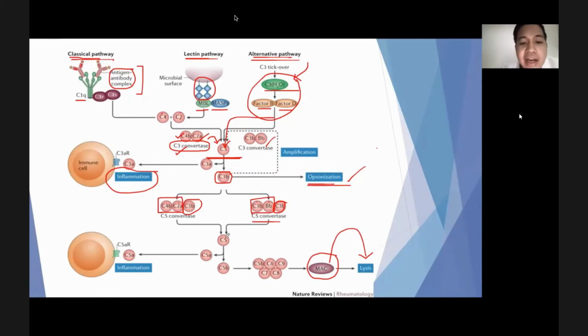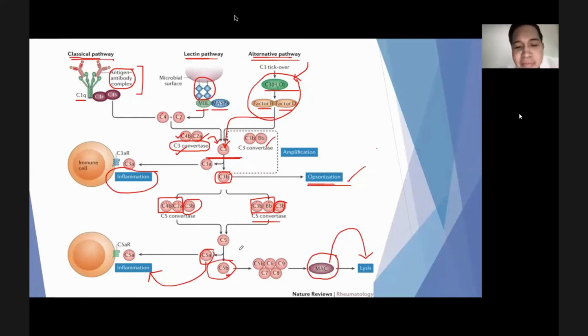C5 convertase now will cleave C5 into C5A and C5B. Si C5A, just like C3A, A for inflammation. So siya ngayon yung may role for inflammation. C5B, anong sabi ko? B for bida-bida.